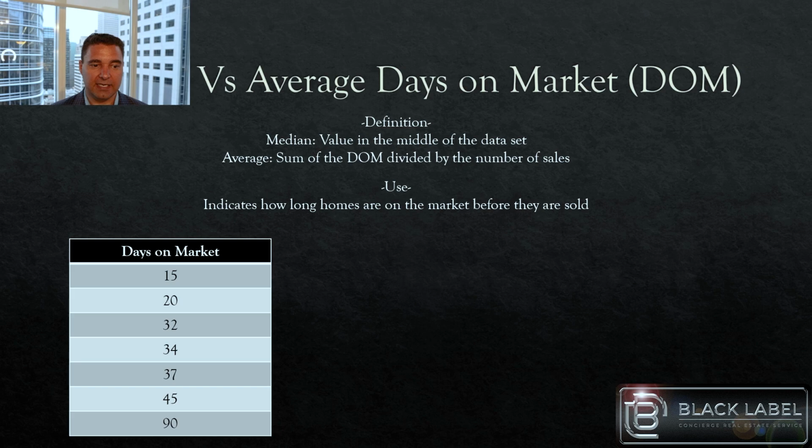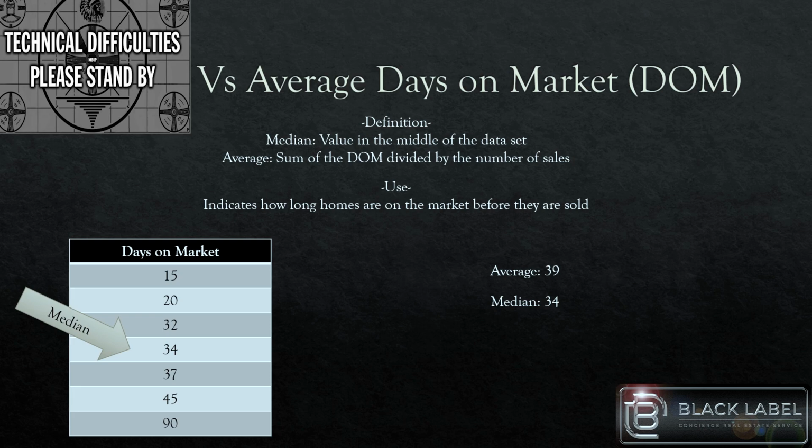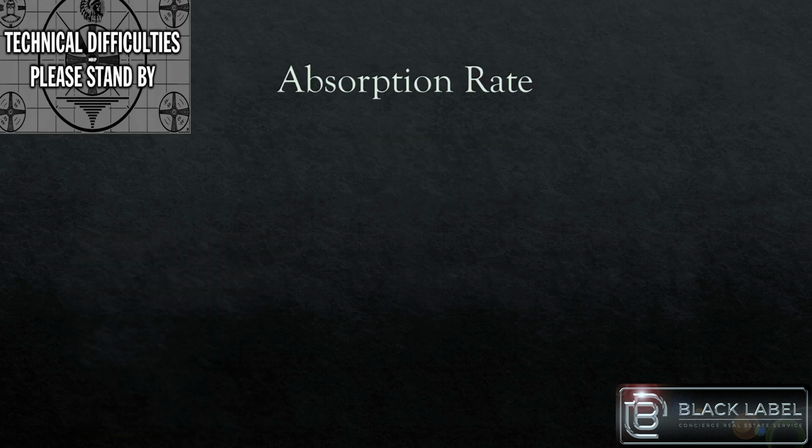And these couple data points, these couple homes that sit on the market for 6 months, 9 months, can really sway the average. And so that's why we typically like to use the median days on market, because it's much more representative of how long homes are actually sitting on the market.